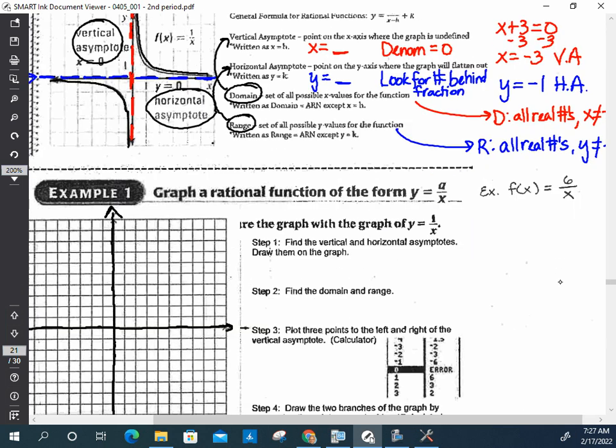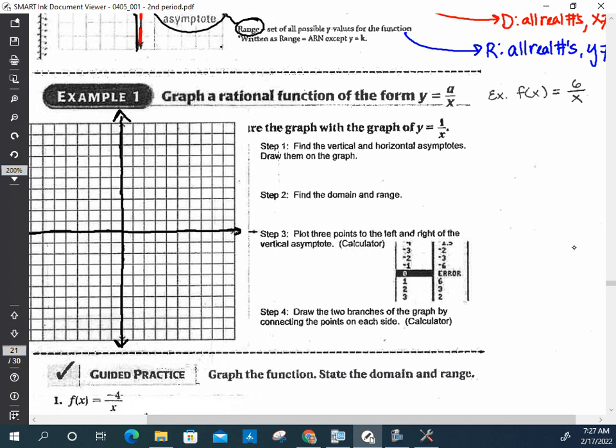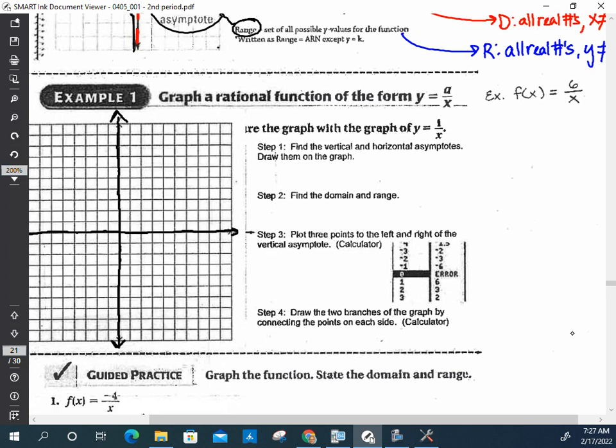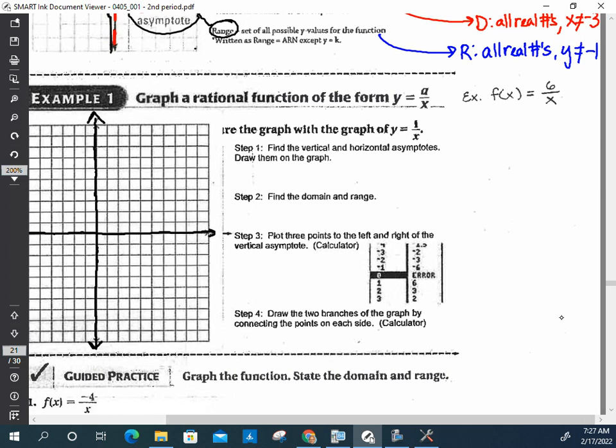Let's look at our first graph example. f of x equals 6 over x. Remember, this is the same thing as y equals 6 over x. Step 1: find the vertical and horizontal asymptotes and draw them on the graph.